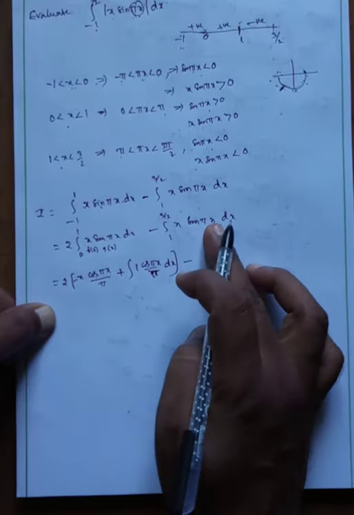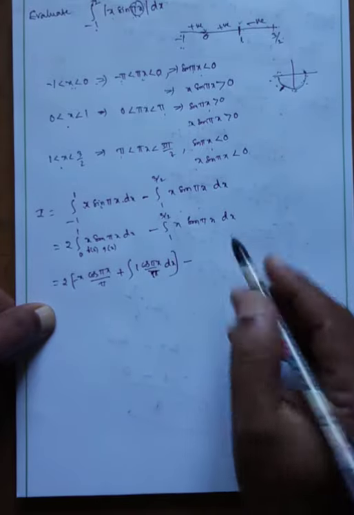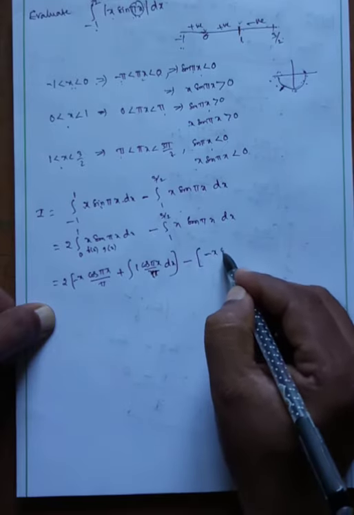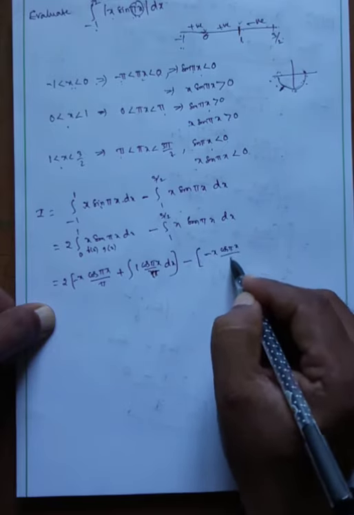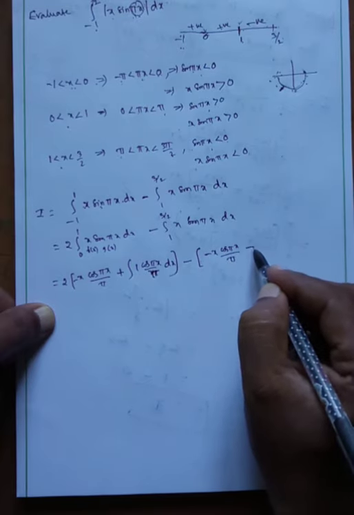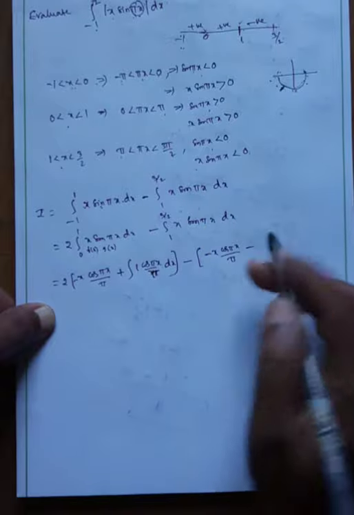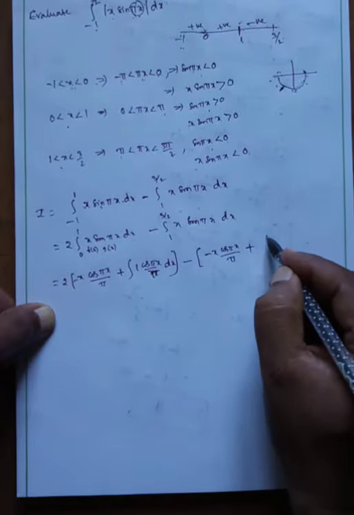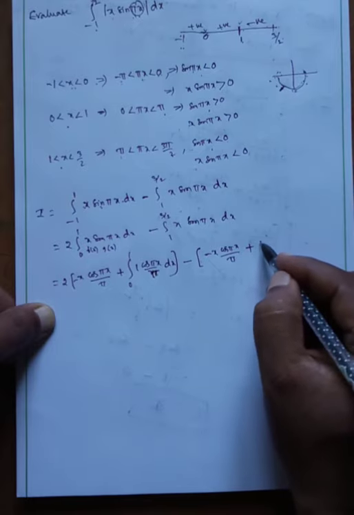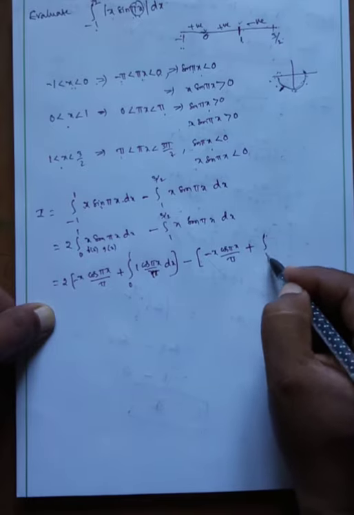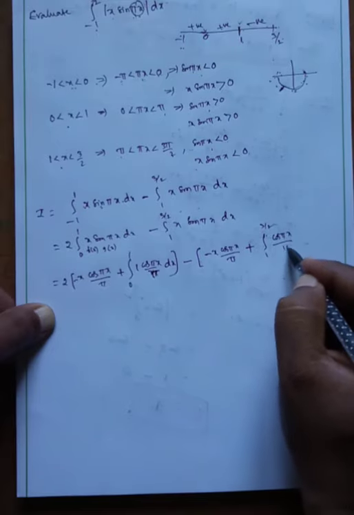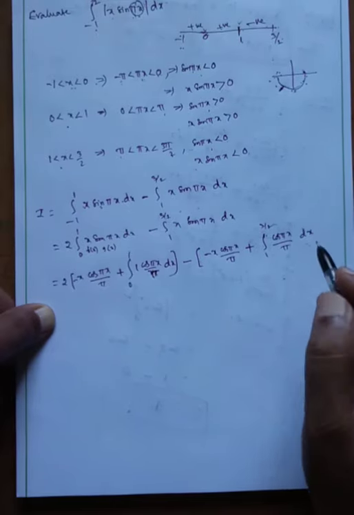In the same way, here also the same function, only the limits will change. Now minus of minus x cos pi x by pi, plus, in exactly the same way, limits 0 to 1 here also. Here the limits change to 1 to 3 by 2, with cos pi x by pi dx.